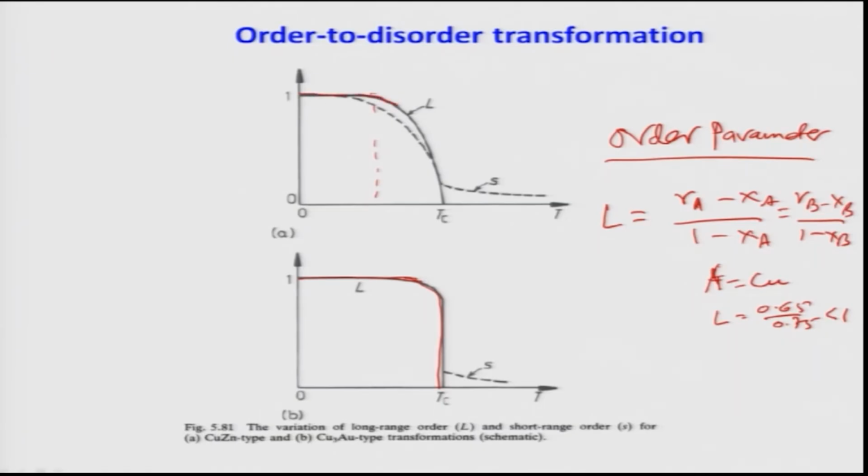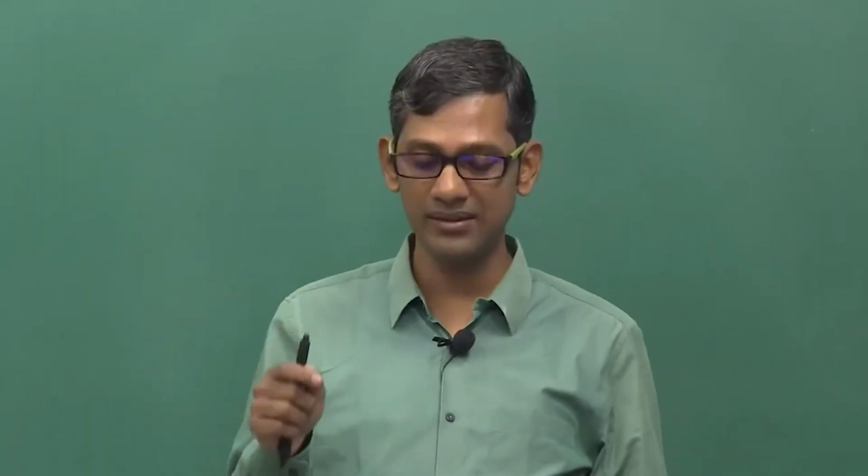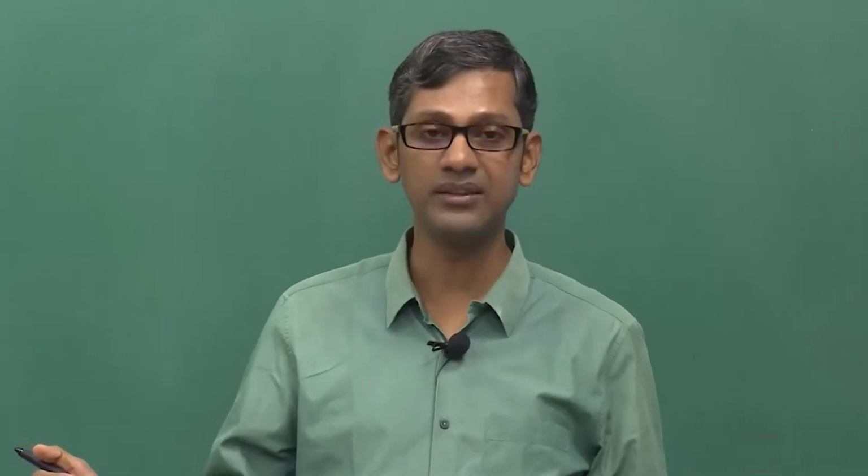You see, it slowly decreases, and does not drop off to 0 at Tc. So, these two are different kinds of ordering. In one case the order parameter drops from a very high value to 0 at Tc. In the other case it slowly decreases and reaches 0 at Tc.